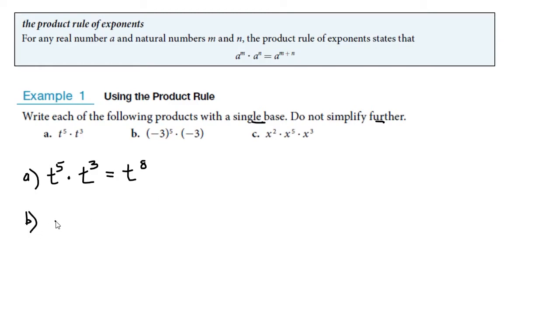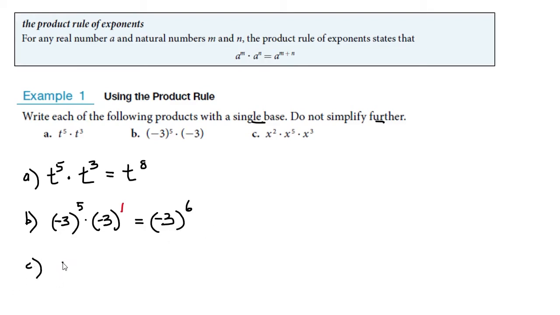Part B, the base is negative 3 to the power 5 multiplied by base negative 3, and there's nothing written there, so I know that the exponent there would be a 1. So that means the base is negative 3 to the power 6. And it says don't simplify further, so I can leave it like that, even though I could actually calculate a number there.